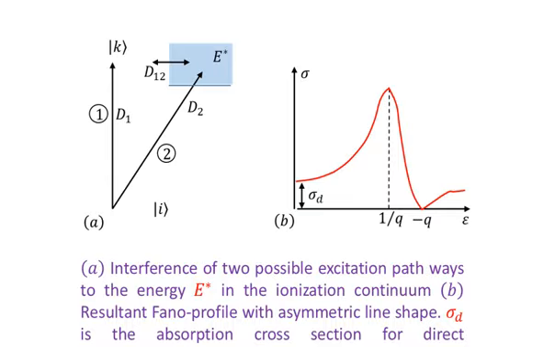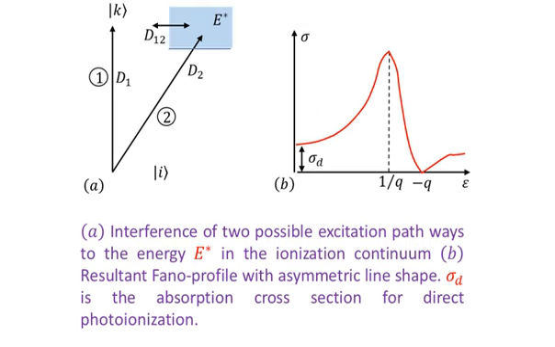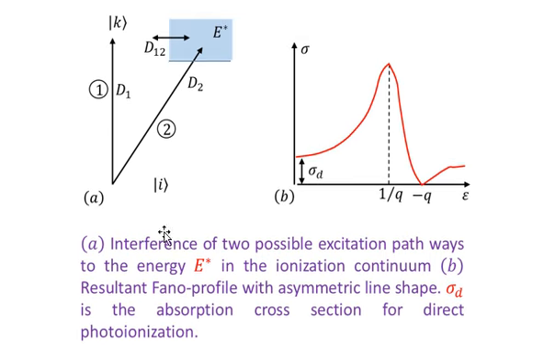So let me read the caption first in detail. Figure A represents two excitations from the state I. I am not talking about the ground state, but about the state I. That is, the molecule is already in a state I, a Rydberg state, and here I am raising the molecule through transition number 1 to the K state, and also through transition number 2 to the E star state.